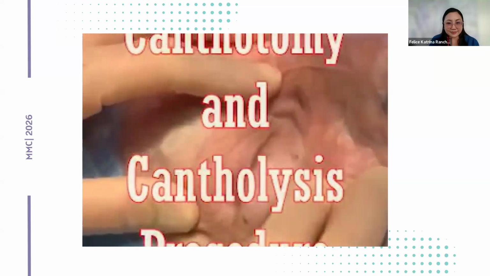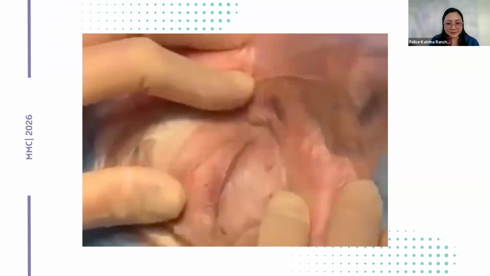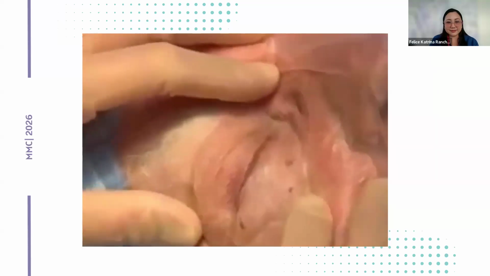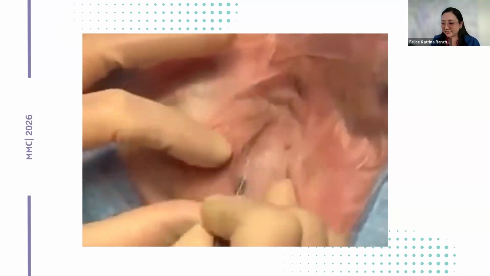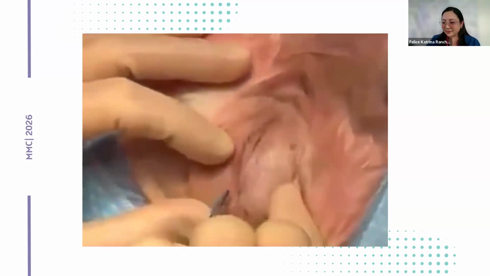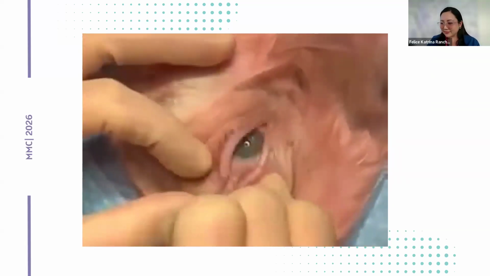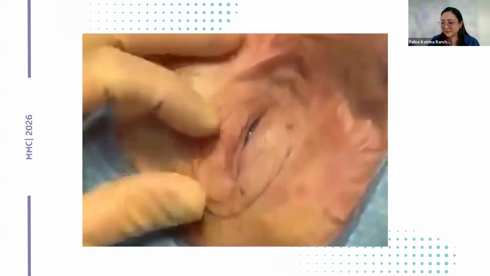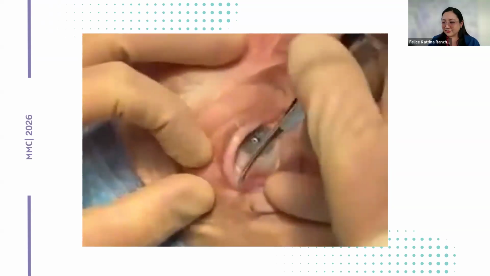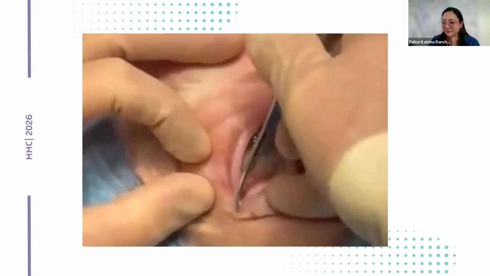sometimes in an emergency setting, canthotomy and canthelysis is needed for orbital compartment syndrome. You can make an incision at the lateral canthus to split the superior crus and the inferior crus of the lateral canthal tendon with a blade, or with Westcott scissors, and cut down to the bone.